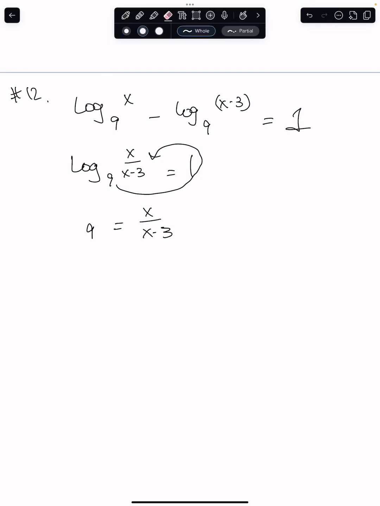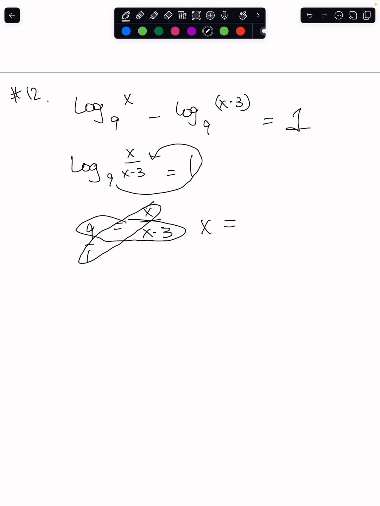And then I've got to solve for x. So I've got to put this over 1. Now I've got to cross multiply. x equals 9 times x minus 3. 9x minus 27 equals x.